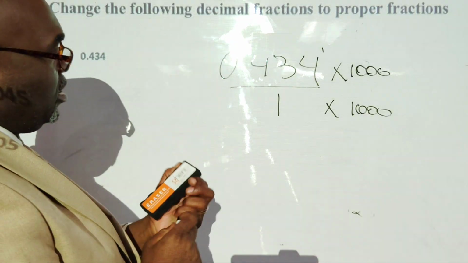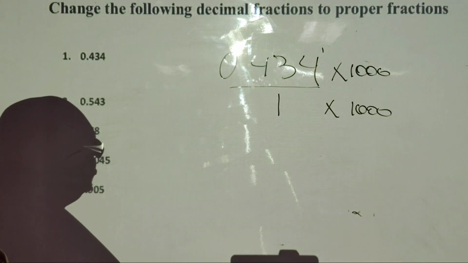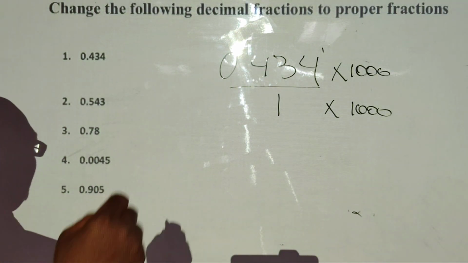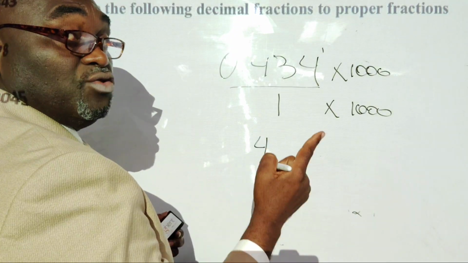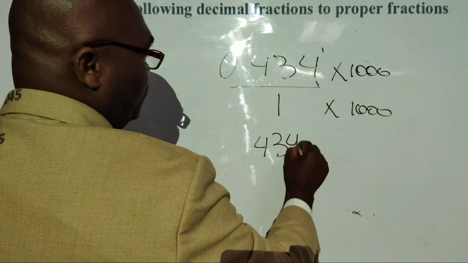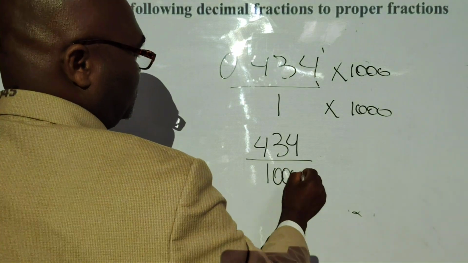The number of places after the decimal point dictates how many zeros you're going to use. If you do not know this, use your calculator. 434 times 1000 gives 434,000, and 1 times 1000 gives 1000.